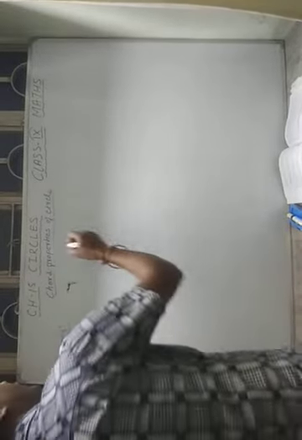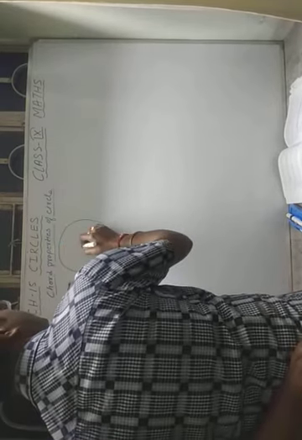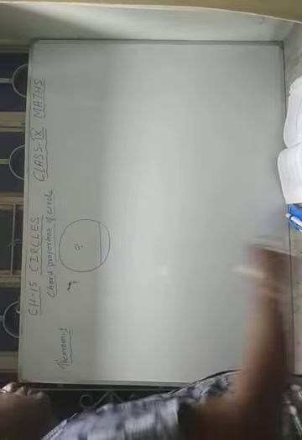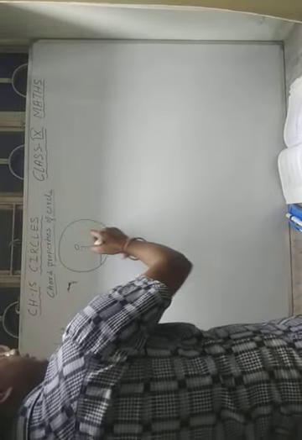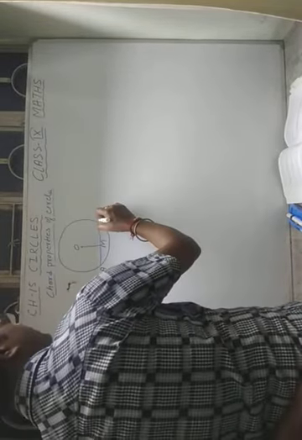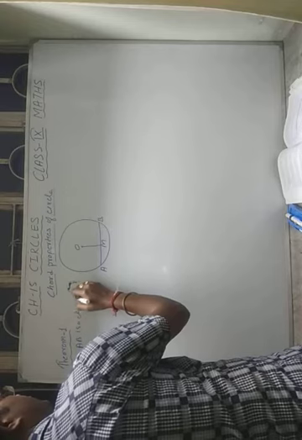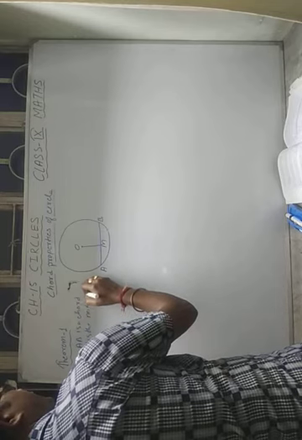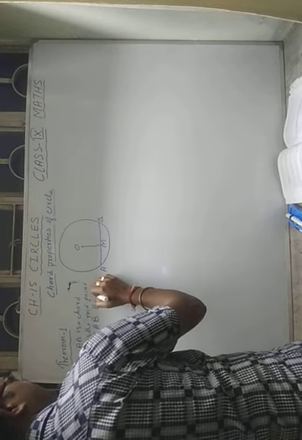That means if you take a circle with center, suppose O, and a chord which is not a diameter, then a line drawn from this center which bisects the chord, suppose it is OM, bisects the chord AB, meaning M is the midpoint of AB. Then what is said?